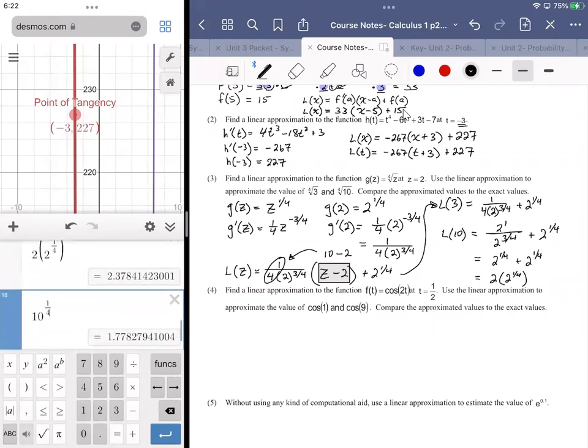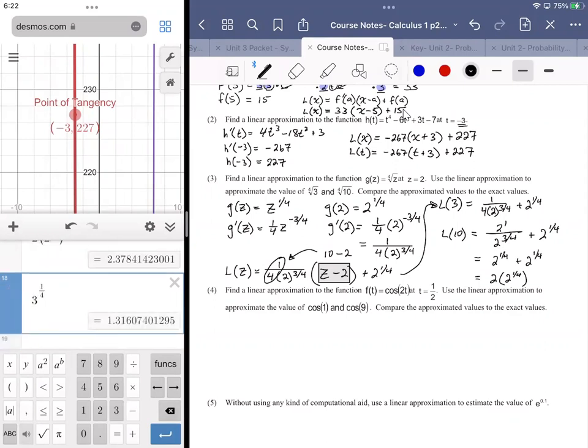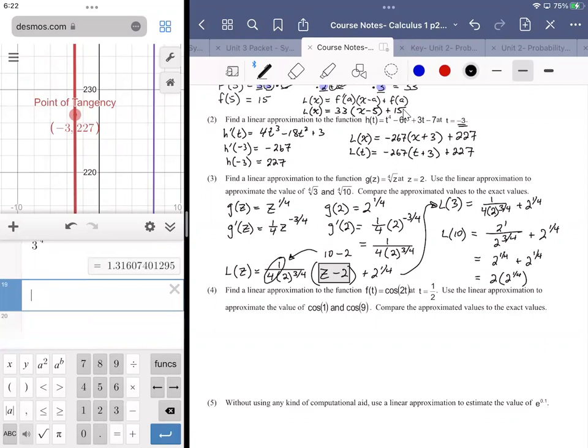It's not really that close, but then again, 10 isn't really that close to my nice number of 2. If I tried the other one, that was 3 to the 1/4. Compare that to that funky fraction that we came up with, 1 over 4 times 2 raised to the 3/4 power.